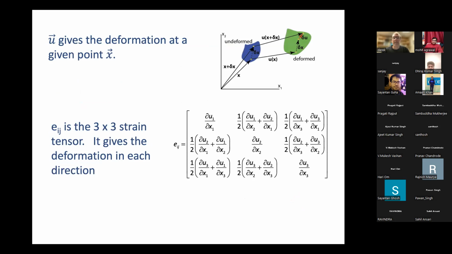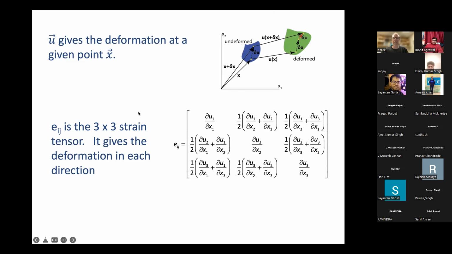U gives the deformation at a given point, x. U is a vector and x is a vector as well. So for instance, if I have a location x and then I apply stress to it, that point x will deform by a value u, and that will be its new location will be x plus u of x.